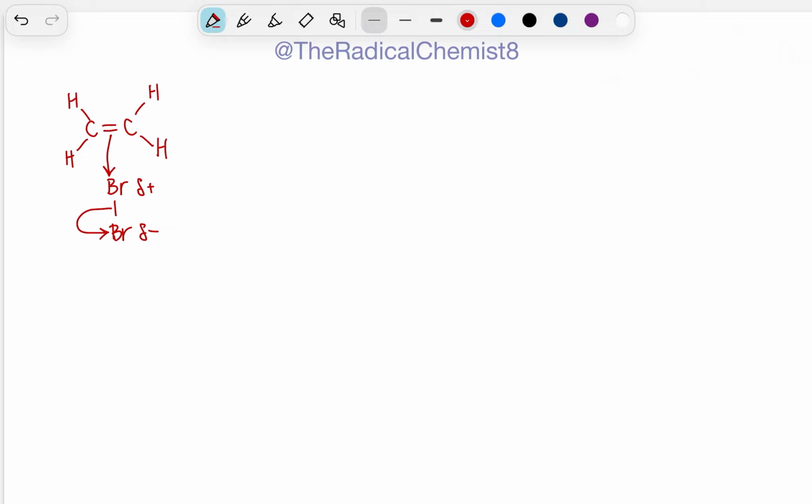In the exam, you must show curly arrows properly and any relevant dipoles, charges, and lone pairs. So it is very important you put these in the right positions. Next, our intermediate will be the carbocation. Since we're adding a diatomic molecule again, it doesn't matter where our carbocation goes in this case, because it's a symmetrical molecule.